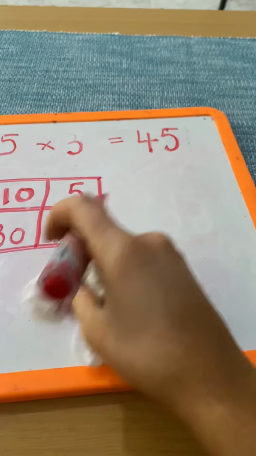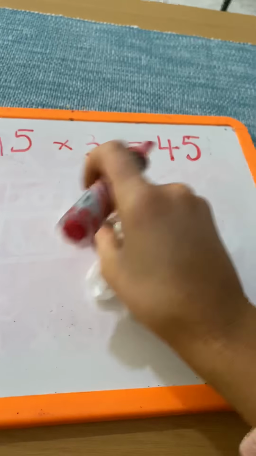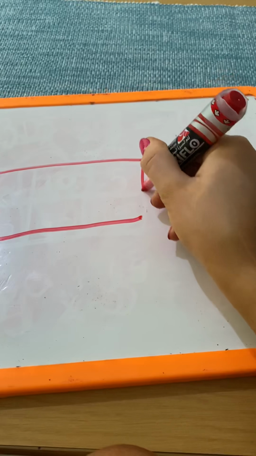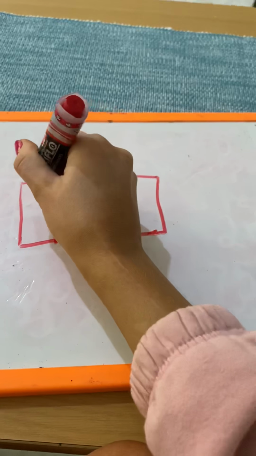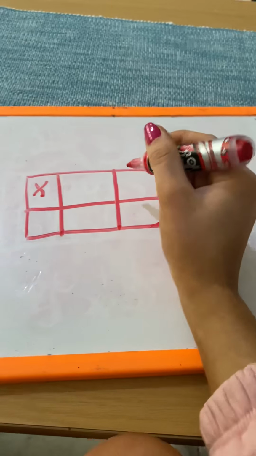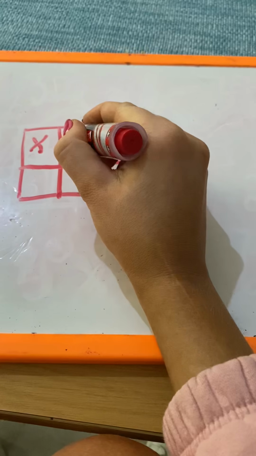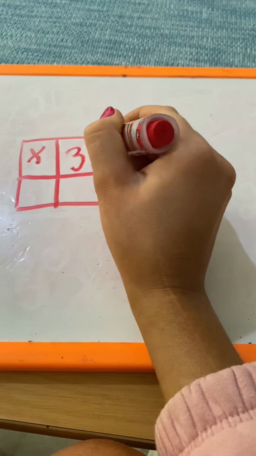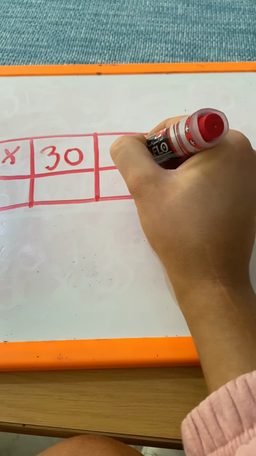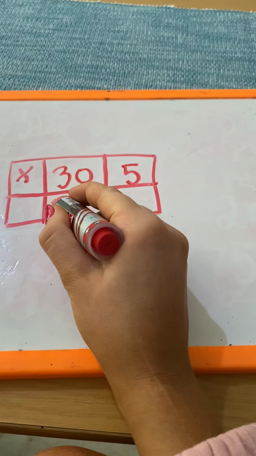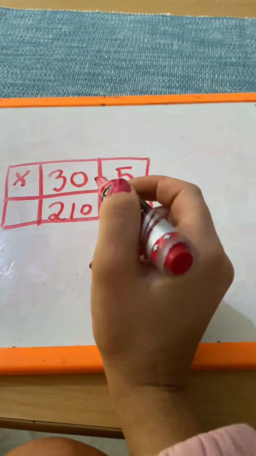Let's try another one. So we're going to draw our grid. We have our multiplication sign. And we're going to say our number is 35. Now, here we're going to have the number 210.